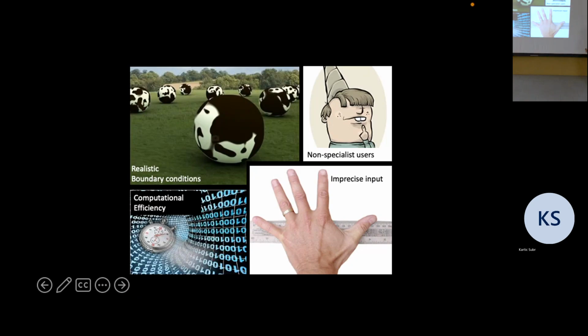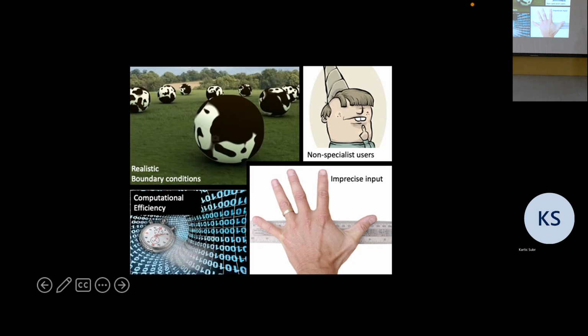So even though the domains might be different, I think the idea is, once you've committed yourself to a theoretically known approximation algorithm, then you suffer from many different assumptions. So you might assume that your boundary conditions are all realistic, but in the real world, there's no spherical cow. And similarly, you want efficiency, but imprecise input. So if you think about an automated driver, a car going on the road, all of its measurements come from very noisy measurement devices.